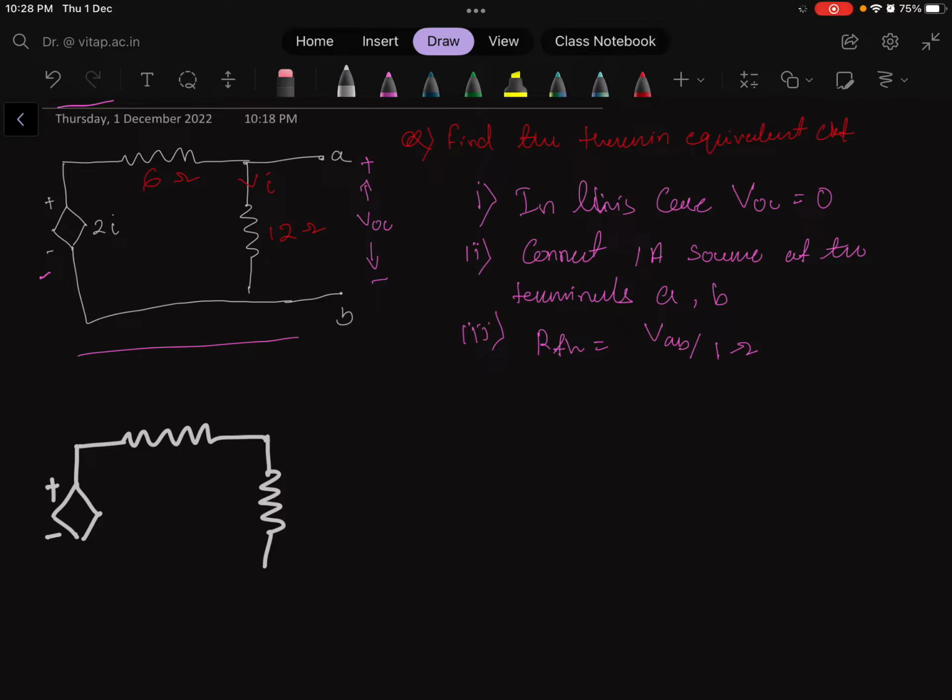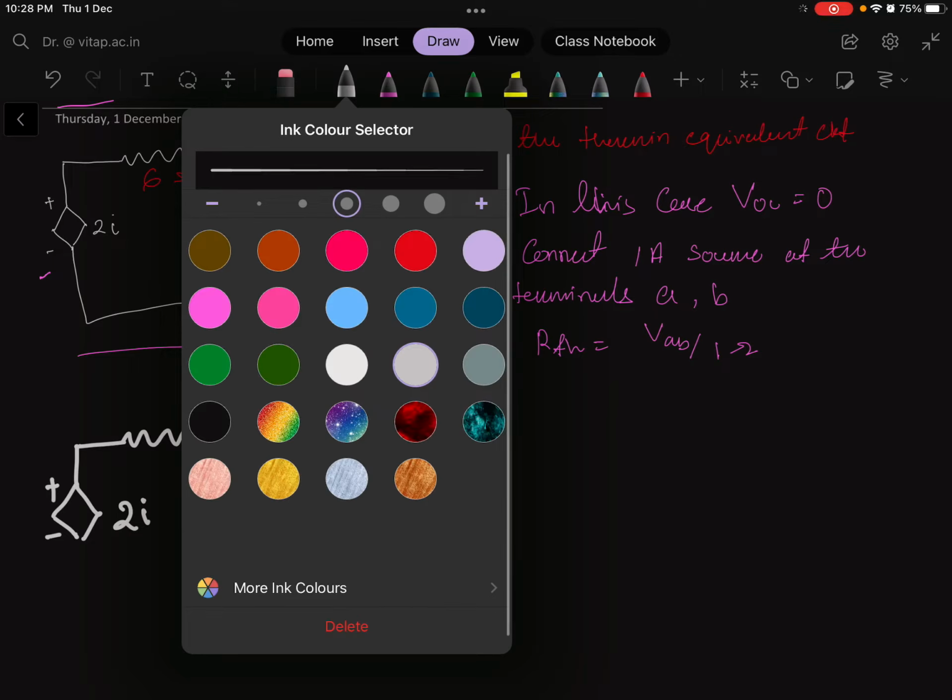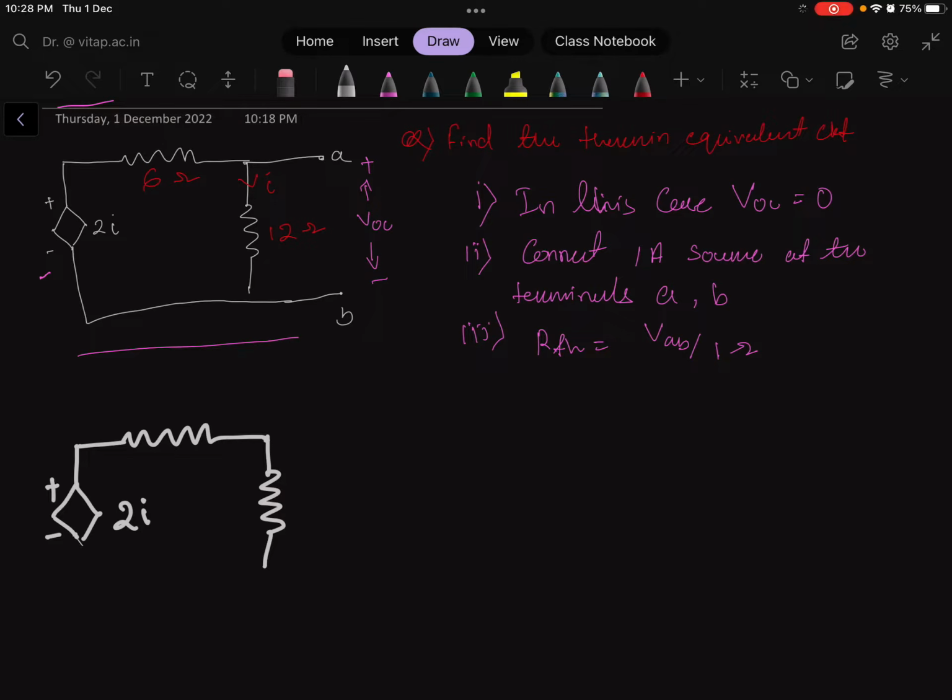The circuit whatever was given, I am writing as it is. And here I have to connect the 1 ampere source. So, this current source I will connect here, the value of this current is 1 ampere, and my terminals A and B are here.